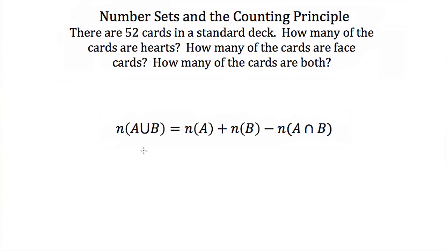Now there's another way to illustrate this addition and subtraction that we just did. This first term here is the number, and then this A with this crazy U and a B means the union of A and B. This means anything that is A or B. Or you can think of a heart or a face card.